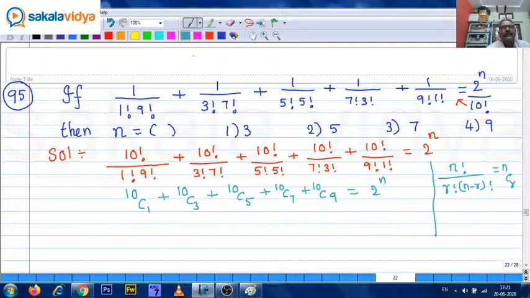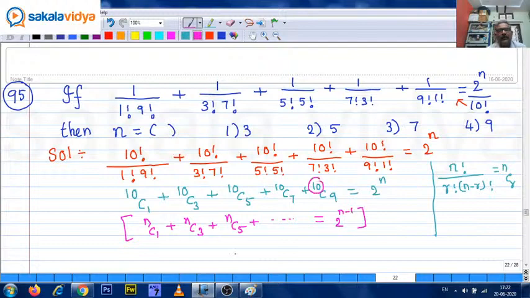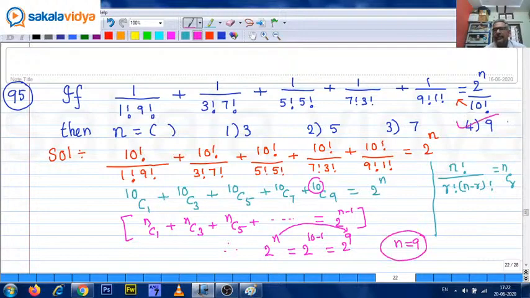This seems to be of the form nC1 plus nC3 plus nC5 and so on. This is the sum of the odd powers of x, which equals 2 to the power of n minus 1. But here n stands for 10. Therefore 2 to the power of n equals 2 to the power of 10 minus 1, that is 2 to the power of 9. So n must be equal to 9. This is the answer. So fourth option is the right option.